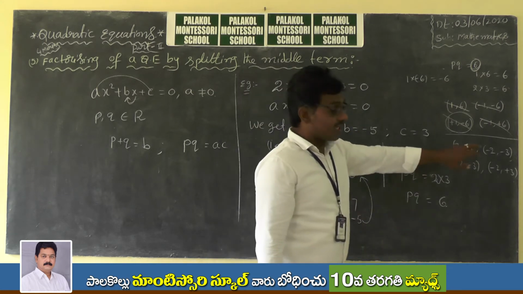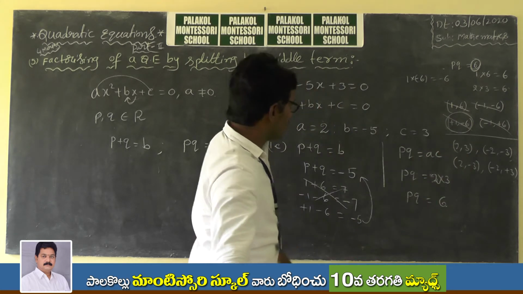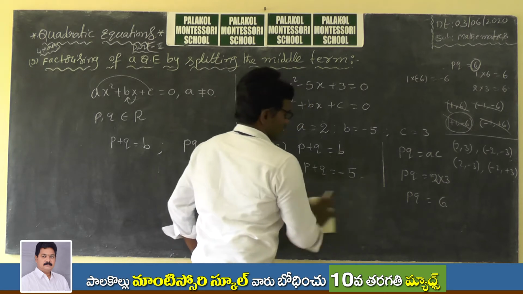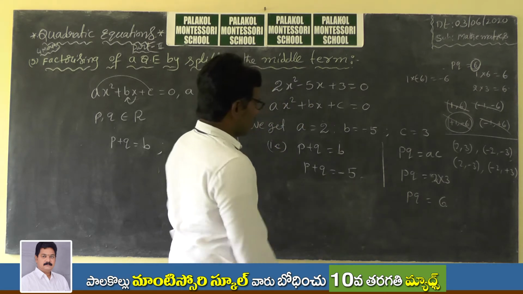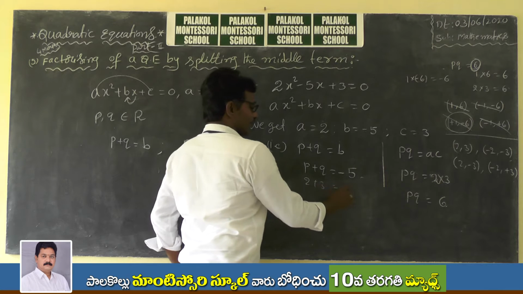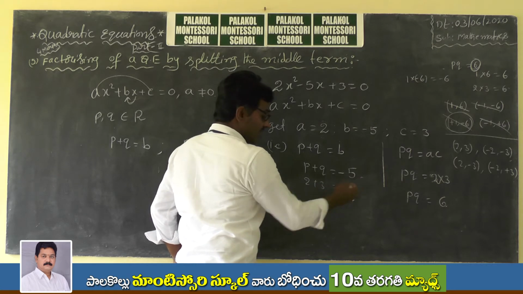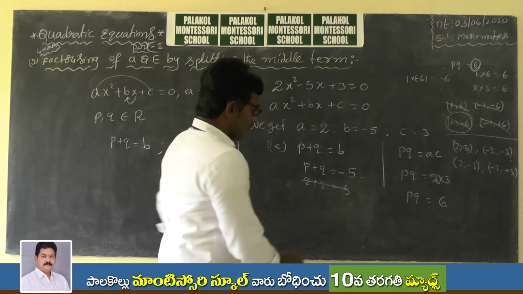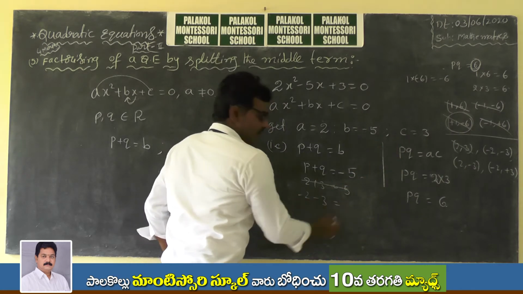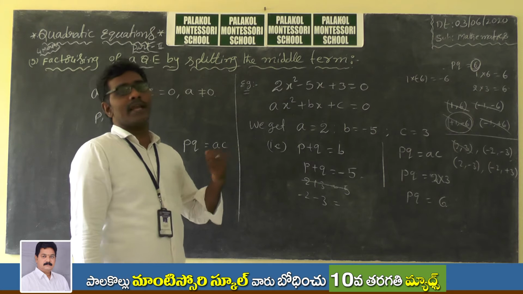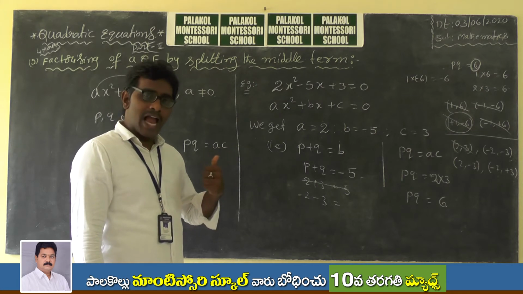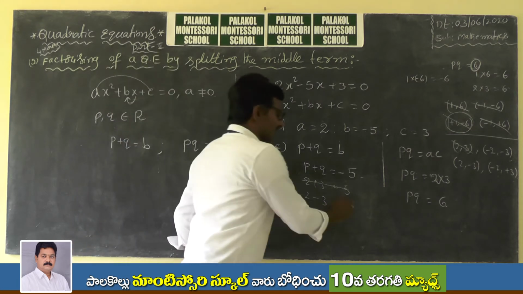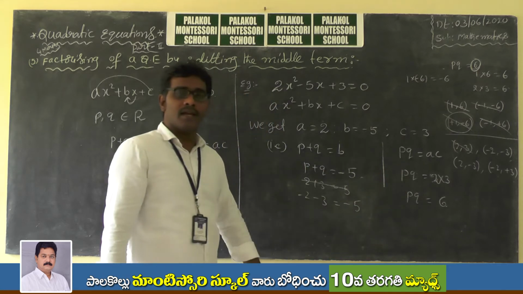Now you check another ordered pair, that is 2, 3. 2 plus 3 is 5. Here the minus 5 is there, so it's not a match. Guys, minus 2, minus 3. Yes, the two numbers have negative signs, so they should be added and you write the minus sign, so minus 5.